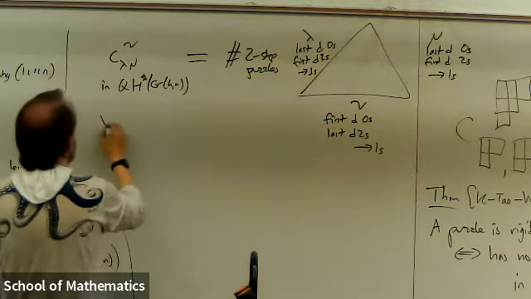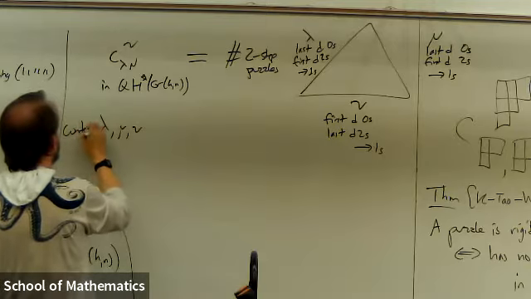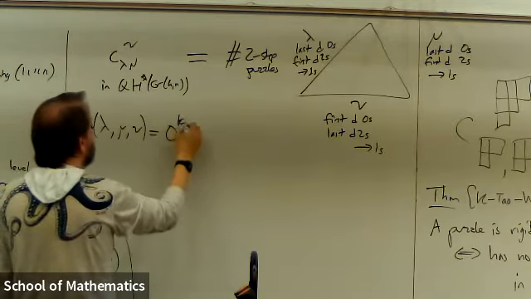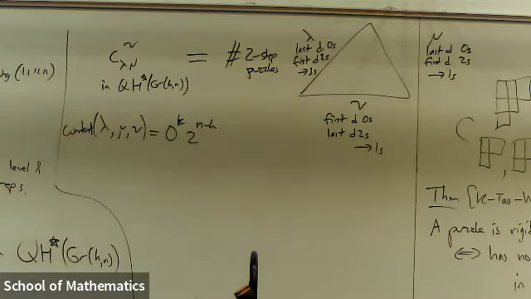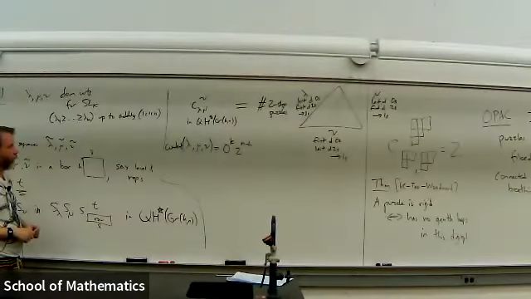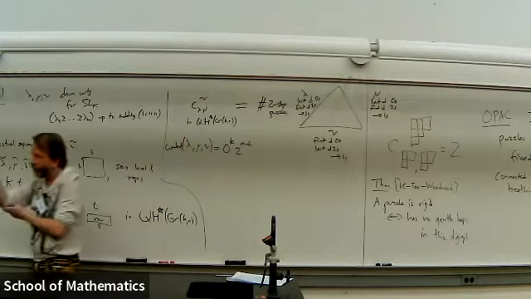So here, lambda, mu, and nu, I want their content to be 0 to the k, 2 to the n minus k, with no ones at all. And then some zeros and twos turn into ones.